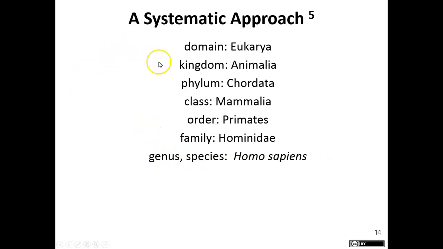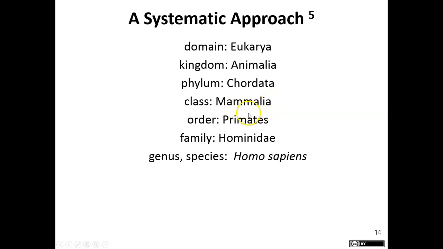So here is a systematic approach of identifying humans. So we all fit under the domain Eukarya. We are all in kingdom Animalia. We are animals. Phylum Chordata, we have a backbone or a spine. Class Mammalia. So we are mammals.